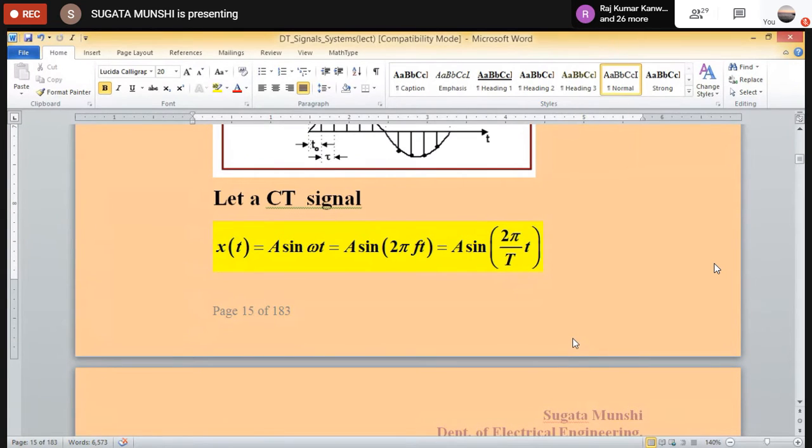A is the amplitude. T is time, capital T is the time period. I will start from a very low value of sampling frequency, and try to examine what happens. Then gradually I'll increase the value of sampling frequency and study the effect of increasing it.